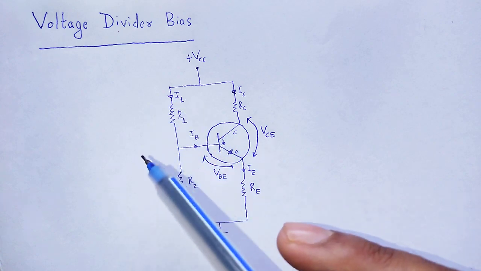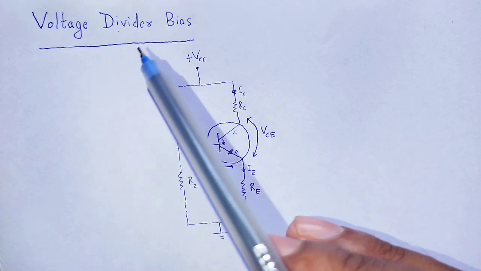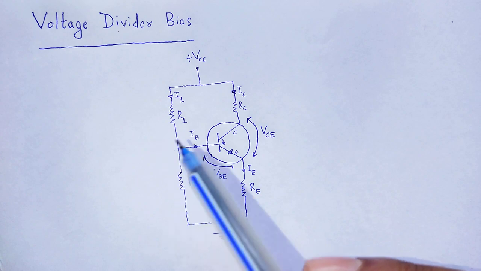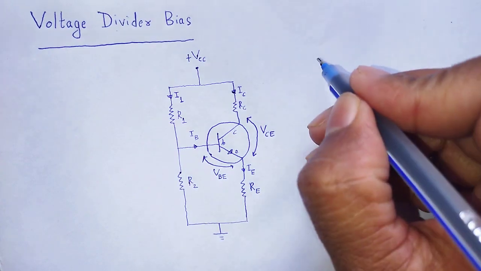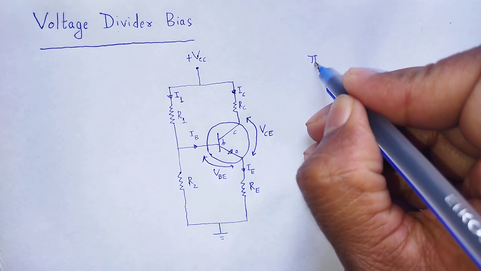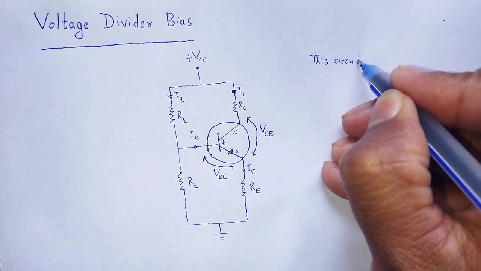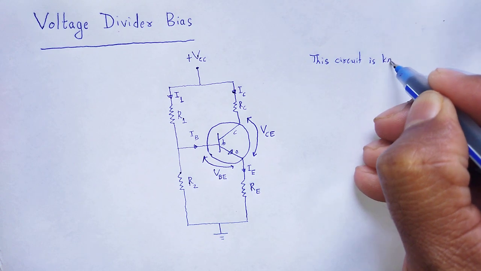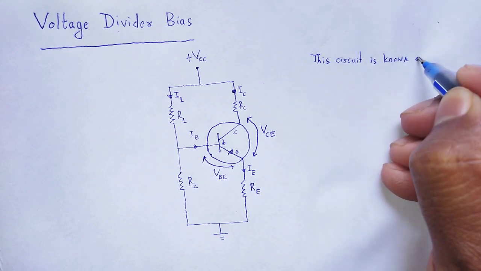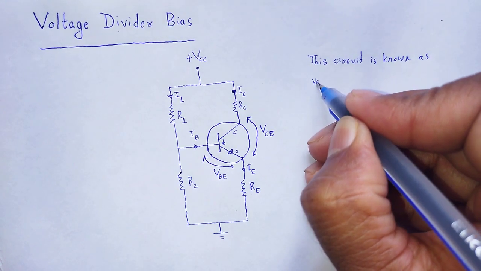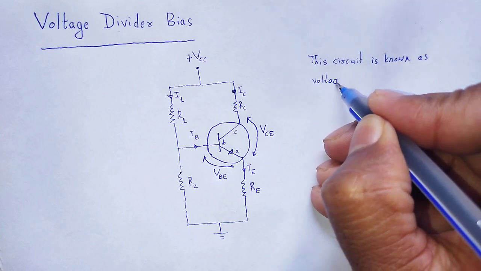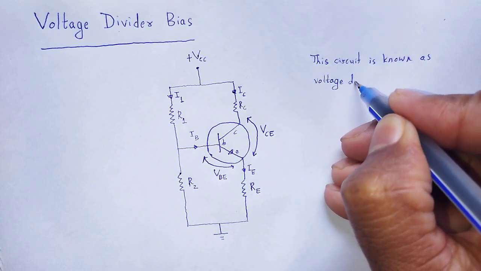That type of biasing is known as voltage divider biasing. Why? This type of biasing, this circuit is known as voltage divider bias circuit.